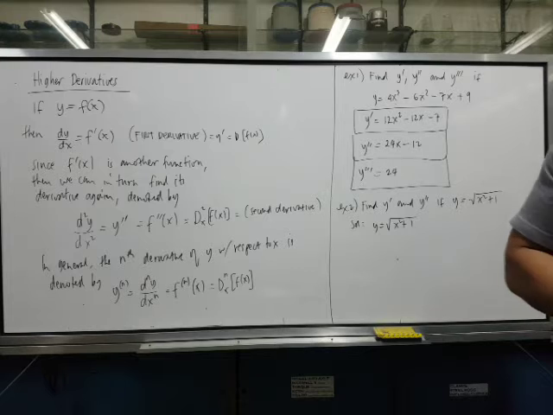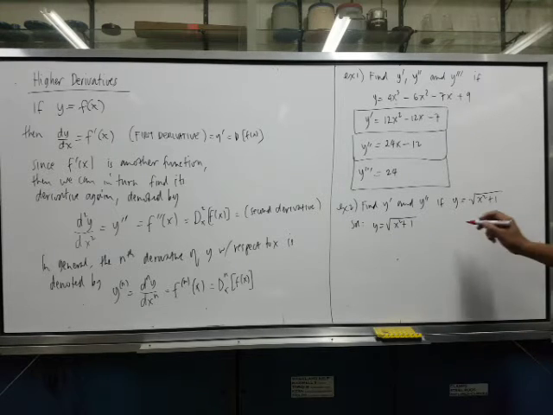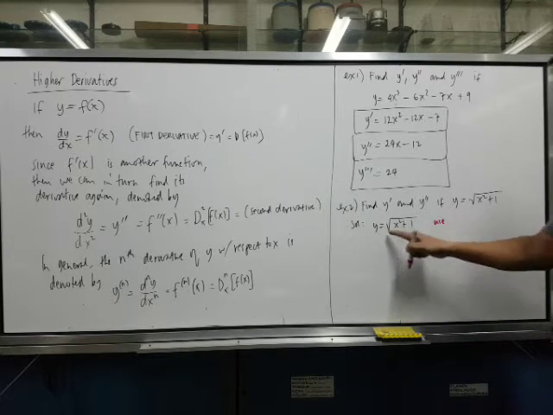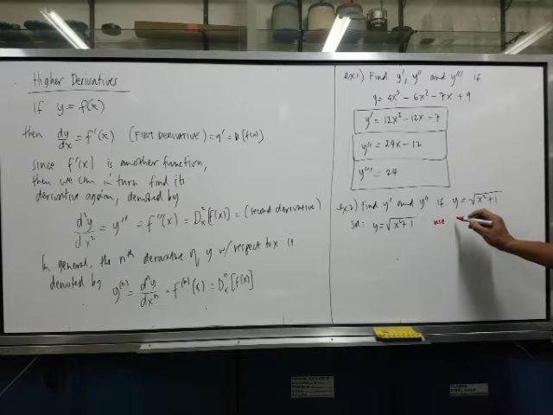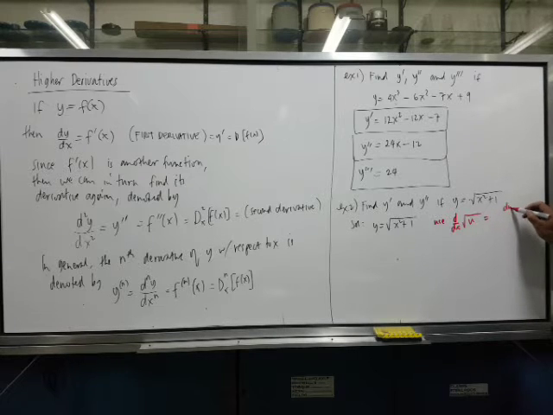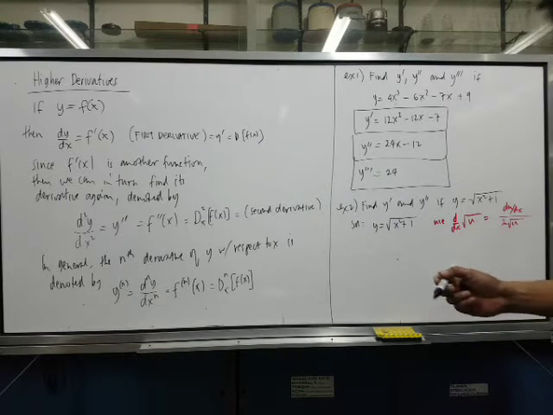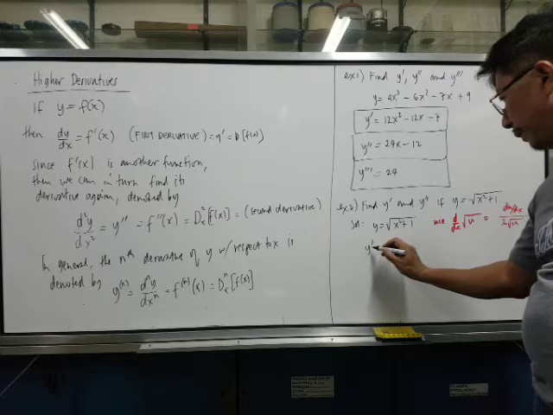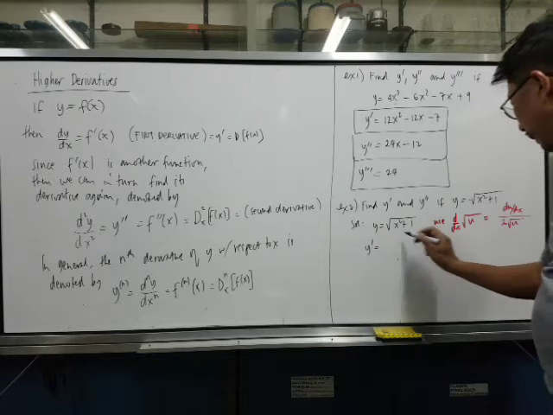Here we have y equals the square root of x squared plus 1. Now, we can use one of the formulas because the right side is a square root function. So, we know that the derivative of the square root of u equals the derivative of u with respect to x over 2 square root of u. Therefore, the first derivative is equal to the derivative of the inside.